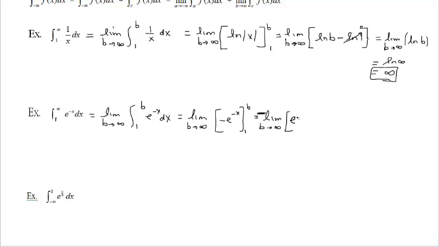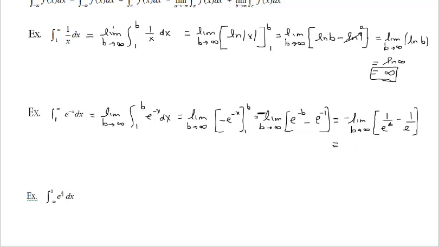So this becomes e to the negative b minus e to the negative 1. I'm not a big fan of negative exponents when we have to do calculations, so I'm going to rewrite this as 1 over e to the b minus 1 over e.